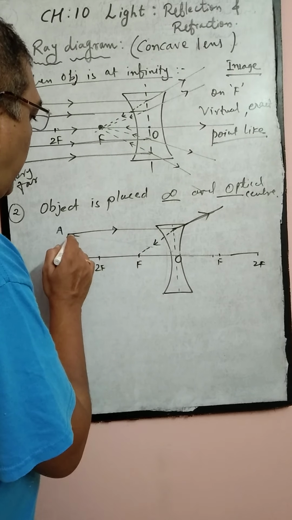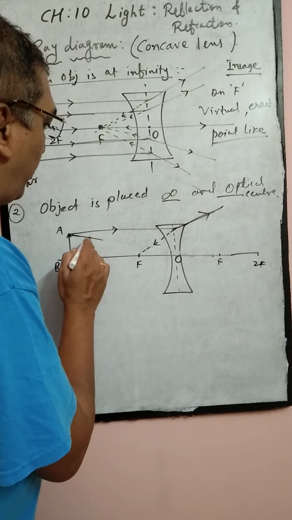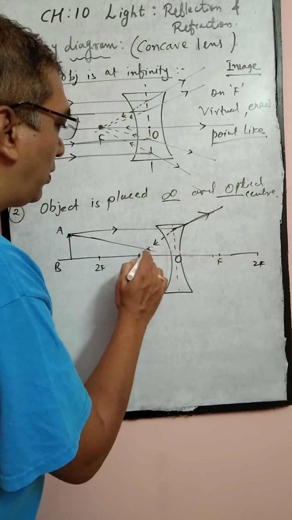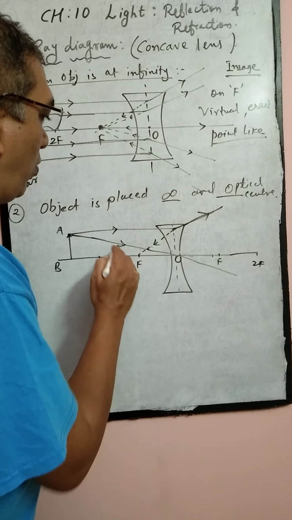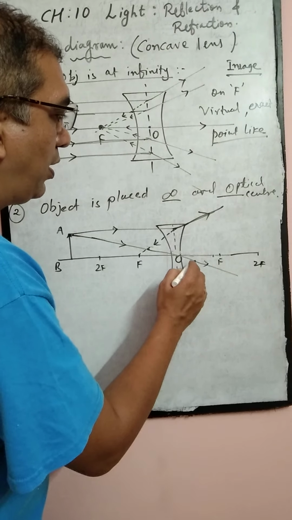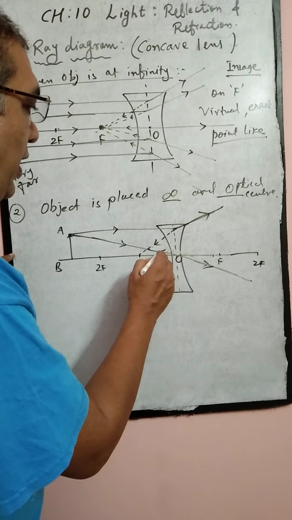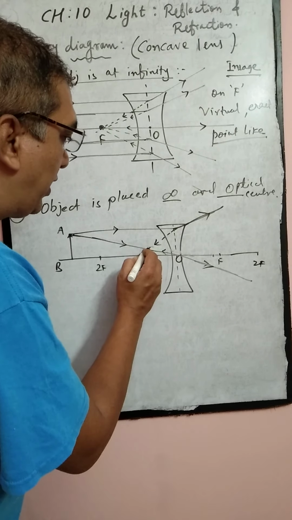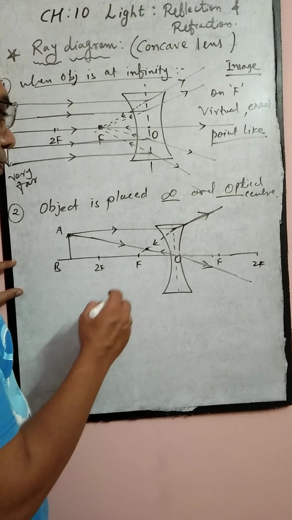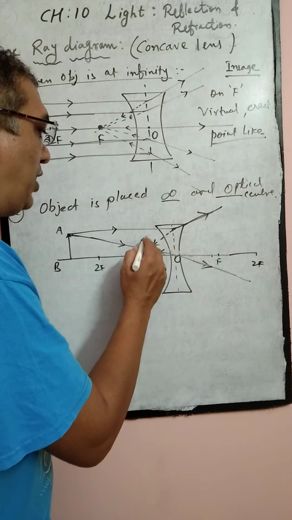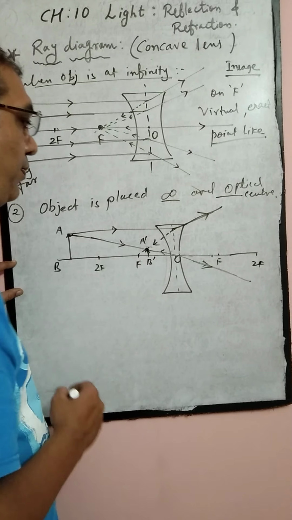Without deviation, it will emerge out. But when you extend this ray, these two extended rays meet at one point, and that is the position of the image. So the image is formed, A dash B dash.